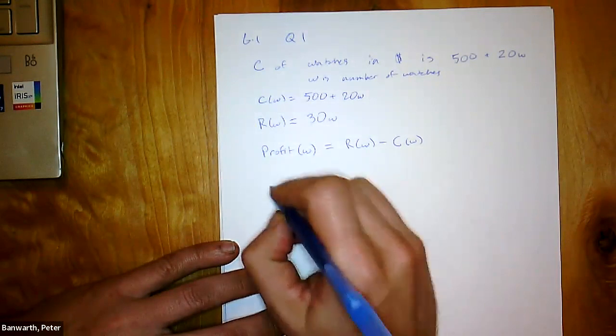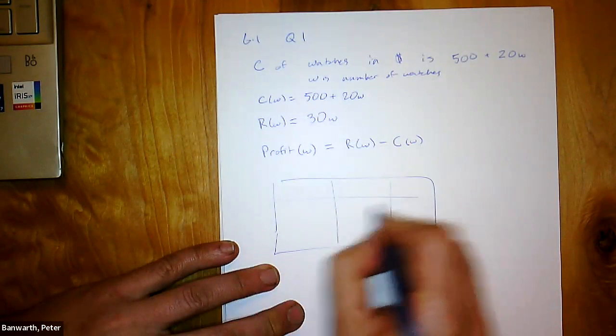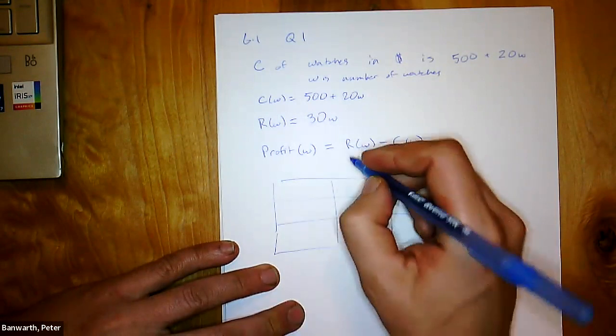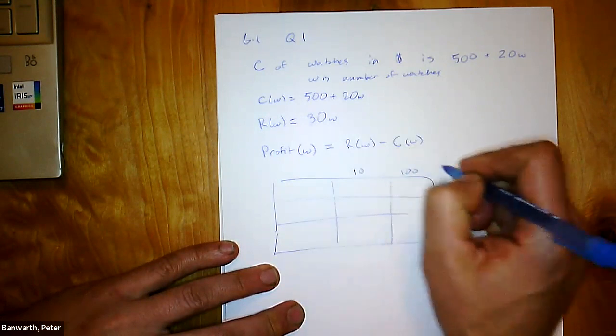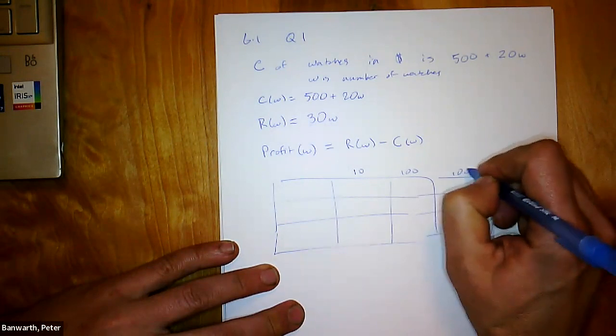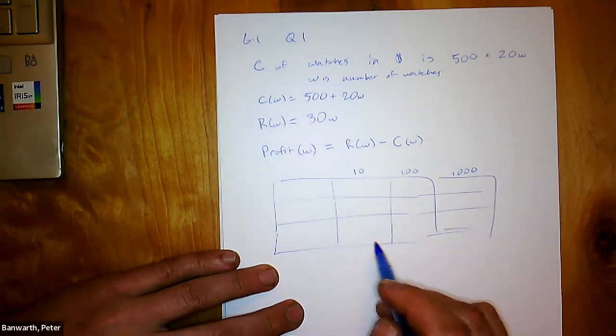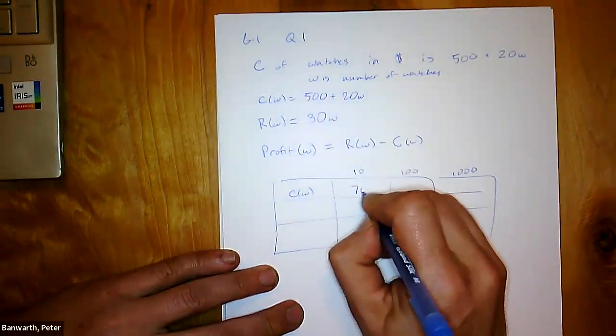So if I want to make a table, let's do, if you sell 10 watches, if you sell 100 watches, or 1,000 watches. So our cost is 500 plus 200, 700.